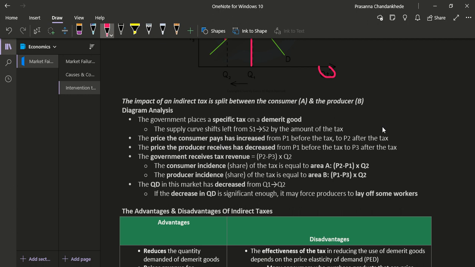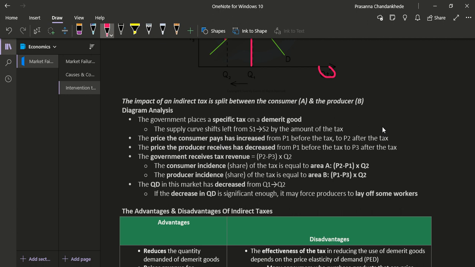The government receives tax revenue P2 minus P3 times Q2. The consumer incidence share of the tax is equal to area A, P2 minus P1 times Q2. The producer incidence share of the tax is equal to area B, P1 minus P3 times Q2.